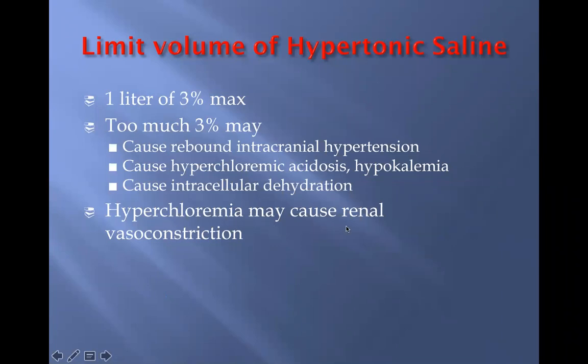Hyperchloremia may cause renal vasoconstriction. So this is a very critical type of crystalloid, and if you want to use it, we have to use it carefully, with very limited volume and with a very strict, important indication.